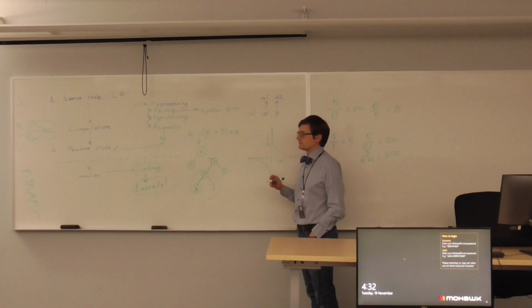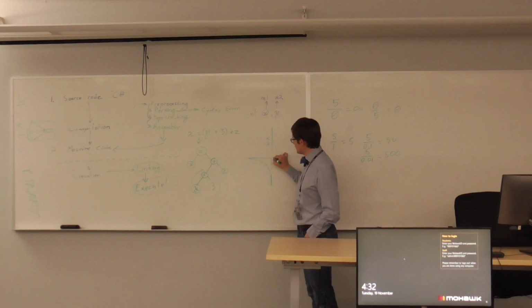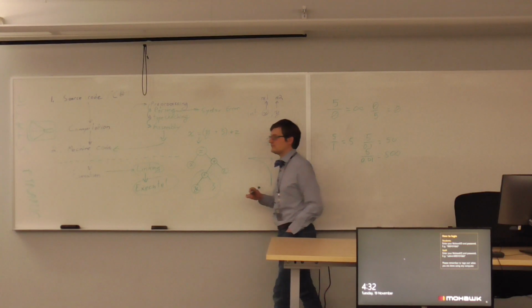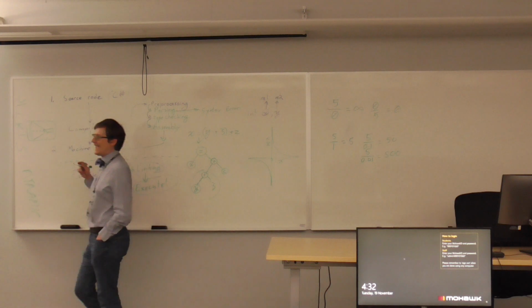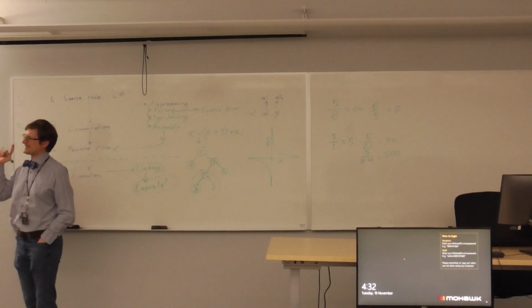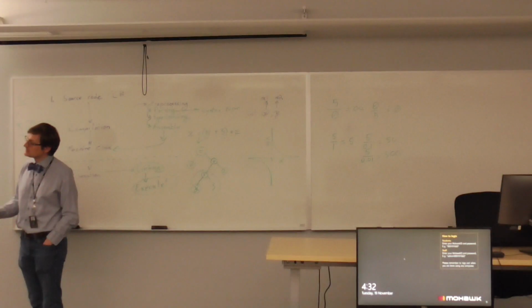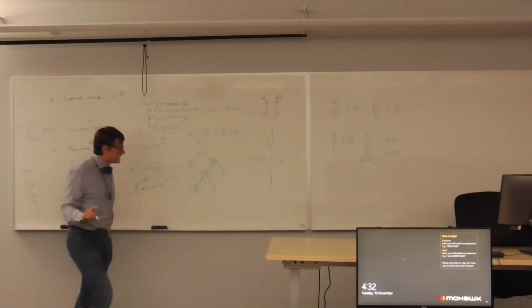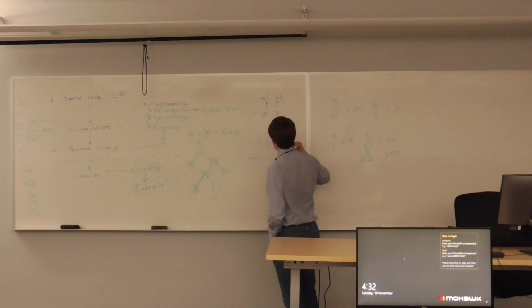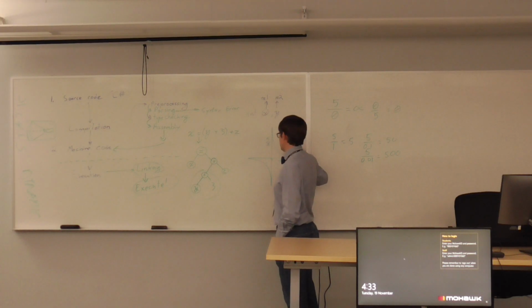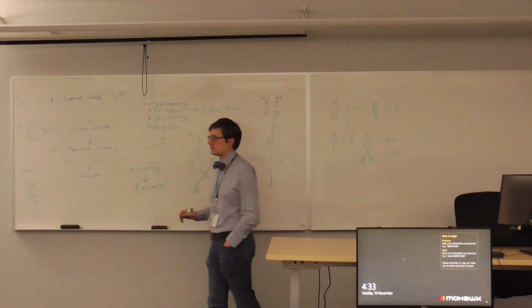Now, the actual value of this at the point 0 itself is technically undefined. But basically, if you approach 0 from the positive side, you will be approaching infinity. If you approach 0 from the negative side, you will be approaching negative infinity.